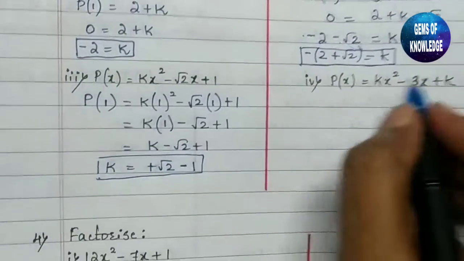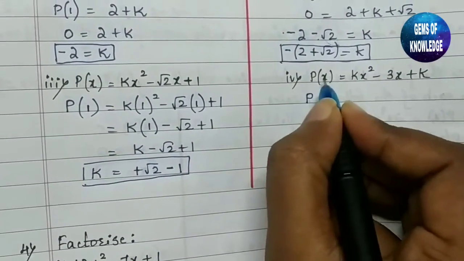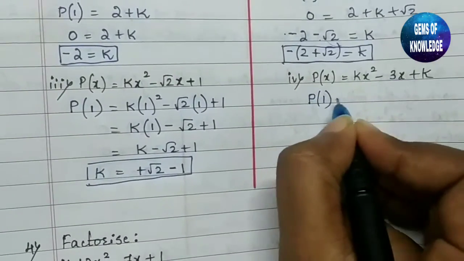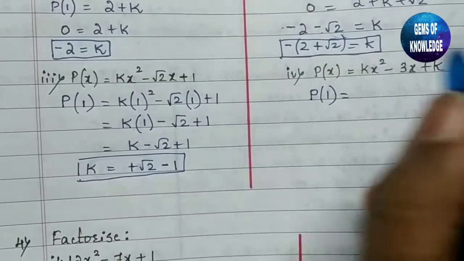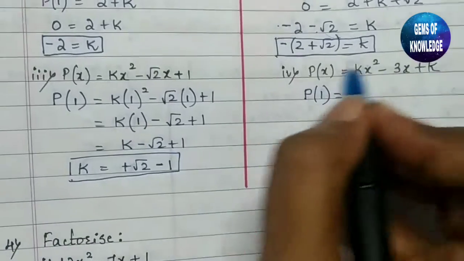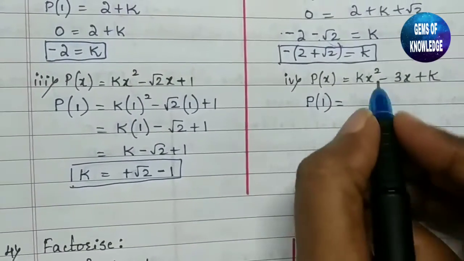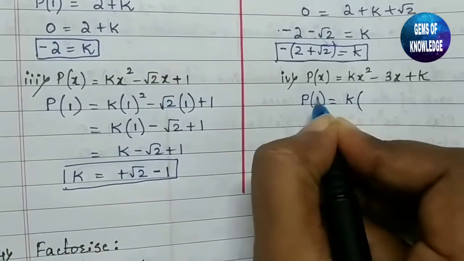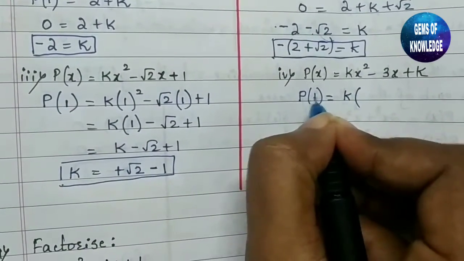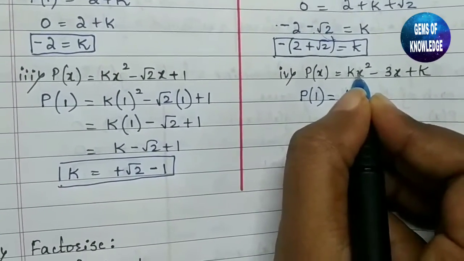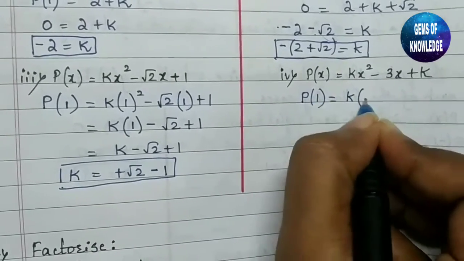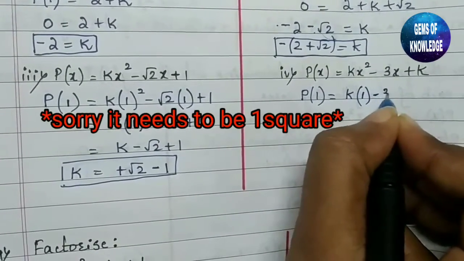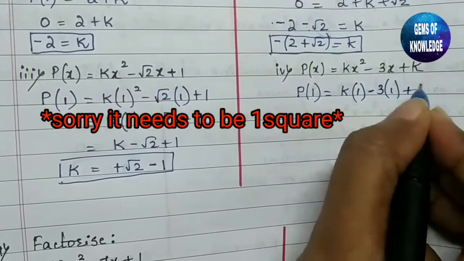Next, here also the same thing, p of 1 you will substitute, as the question here was x minus 1 is the factor. So minus, when we are bringing to this side, we are getting it as plus. In place of x we need to substitute 1, so k into 1 minus 3 into 1 plus k.